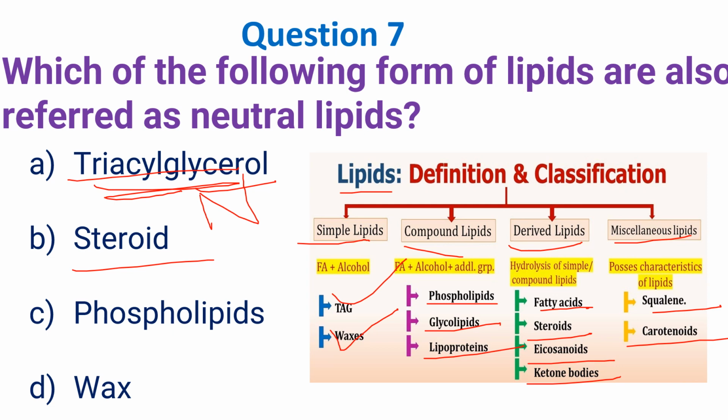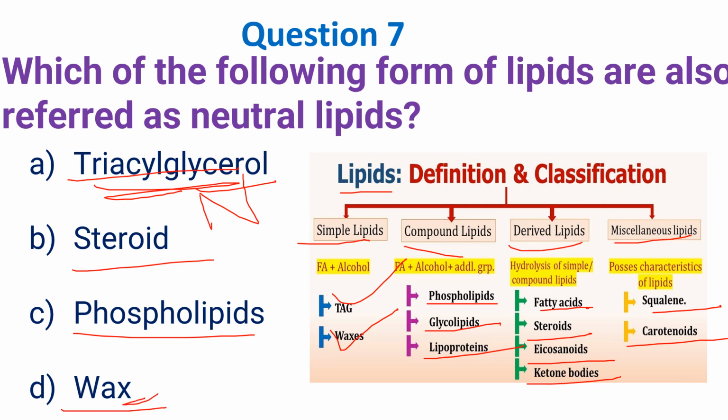What is phospholipid? Phospholipid is a class of lipids whose molecule has a hydrophilic head containing a phosphate group, and two hydrophobic tails derived from fatty acids joined by an alcohol residue. What is wax?